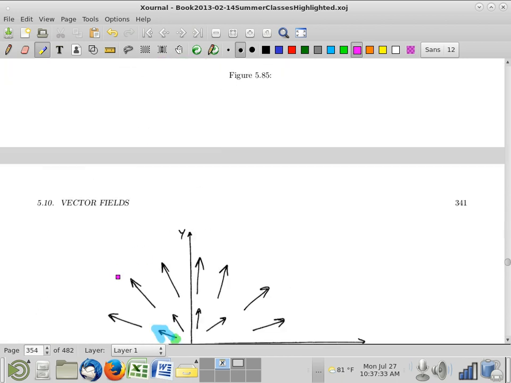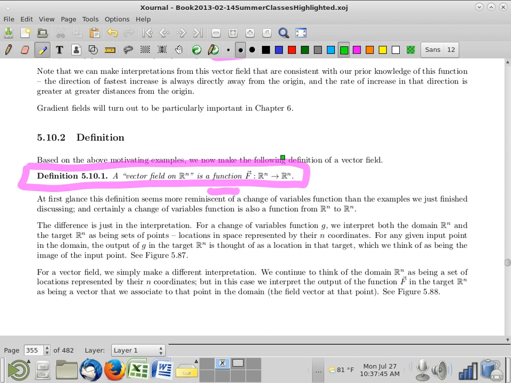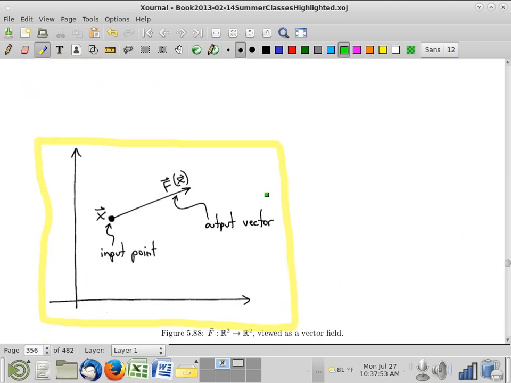Okay, so let's talk about how you write these things down mathematically. The definition is that a vector field is a function from Rn to Rn. Turns out that this is exactly how you represent such a thing. Now, here's the picture.